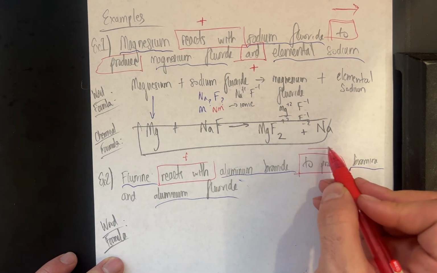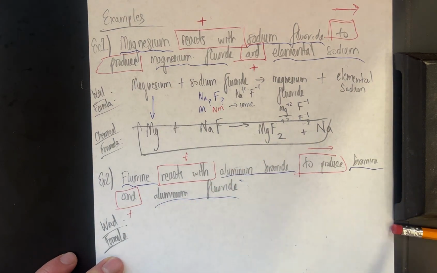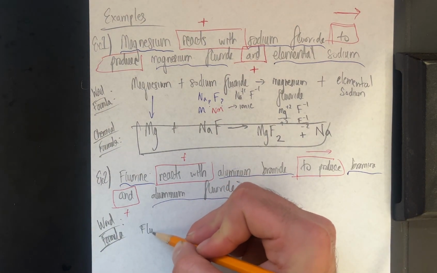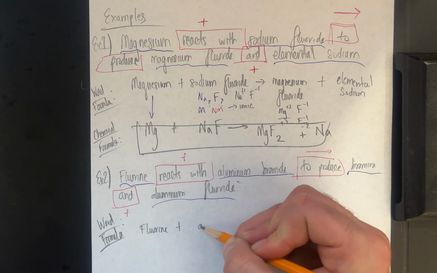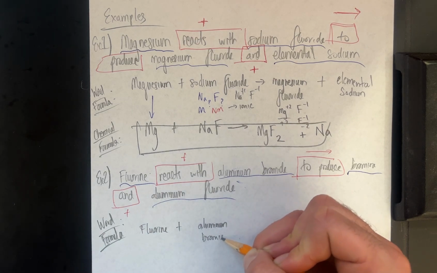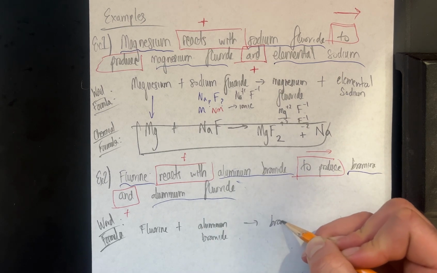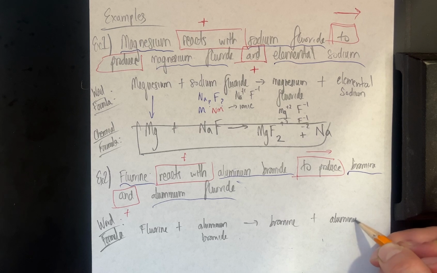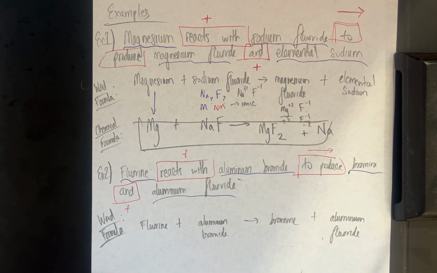To produce, there's an arrow, and it's a plus. So now we got fluorine plus aluminum bromide, arrow, bromine plus aluminum fluoride.